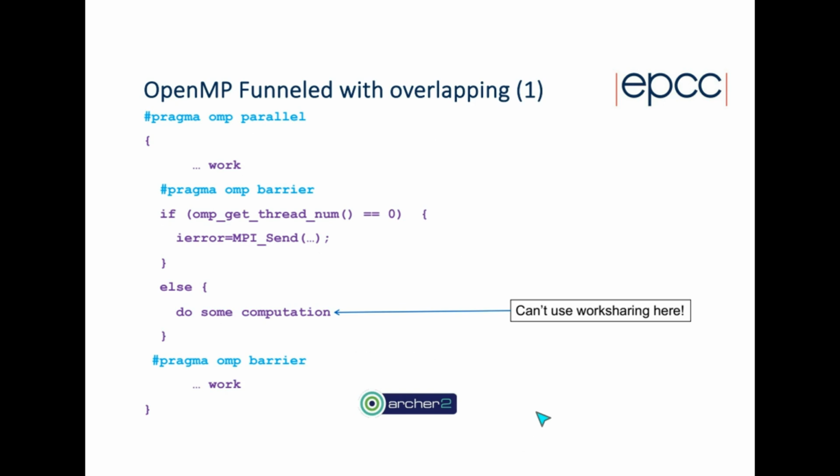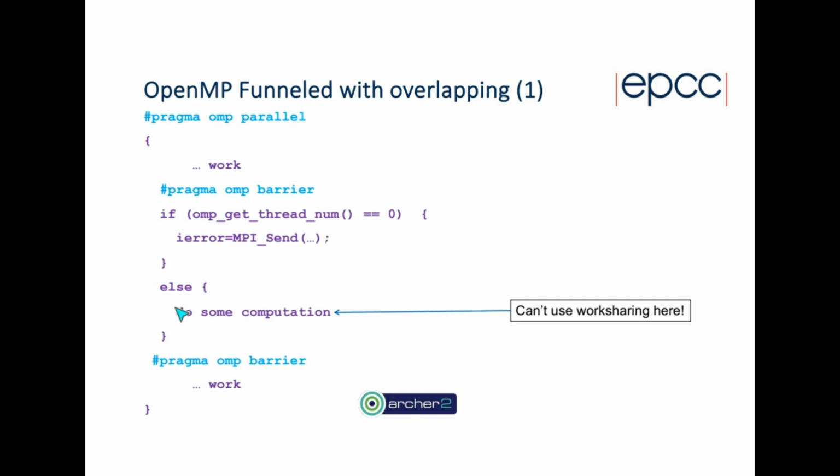There are a couple of ways of achieving that. One is to use a plain old parallel region and explicitly call out the master thread: if I'm thread 0, then do the MPI, otherwise do some computation. That would be fine, but there's a real downside because of the way OpenMP is designed.